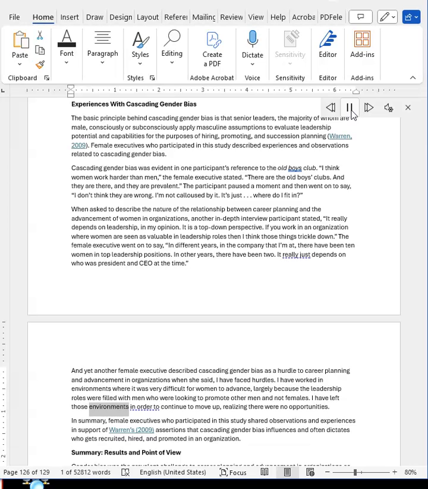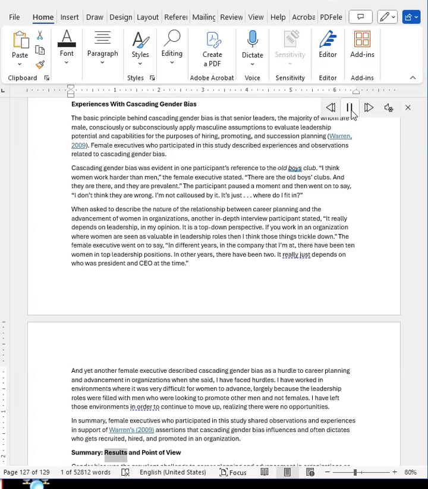I have left those environments in order to continue to move up, realizing there were no opportunities." In summary, female executives who participated in this study shared observations and experiences in support of Warren's 2009 assertions that cascading gender bias influences and often dictates who gets recruited, hired, and promoted in an organization.